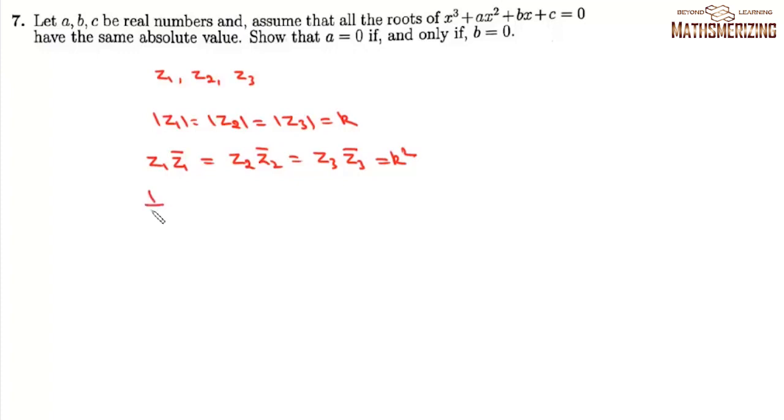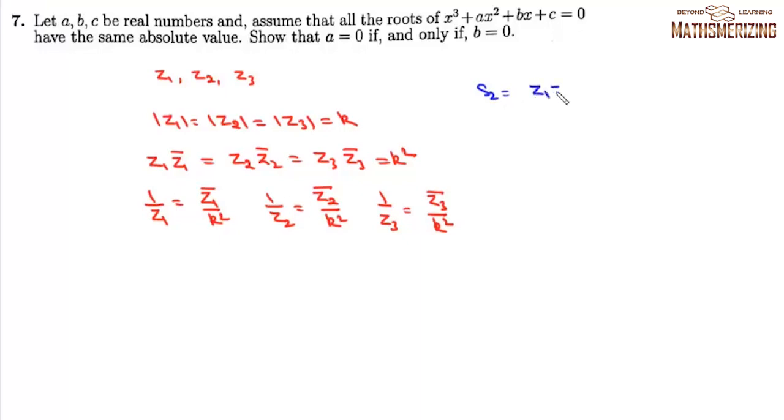So we can write 1 upon Z1 is equal to Z1 bar by K square, 1 upon Z2 is Z2 bar by K square and 1 upon Z3 is Z3 bar by K square. Now if we write S2, S2 is the sum of roots taken 2 at a time.